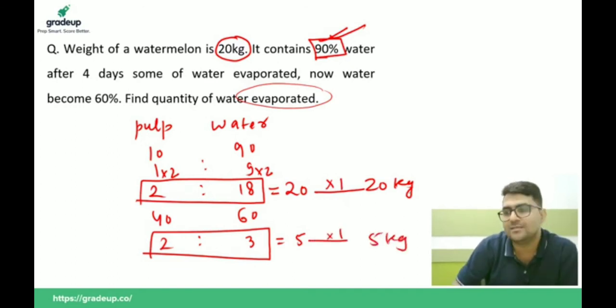Earlier the watermelon was 20 kg. Now the watermelon is only 5 kg.